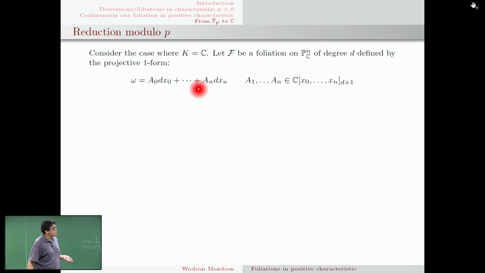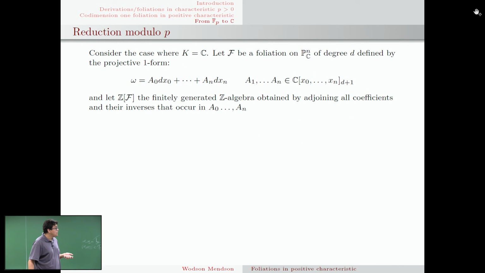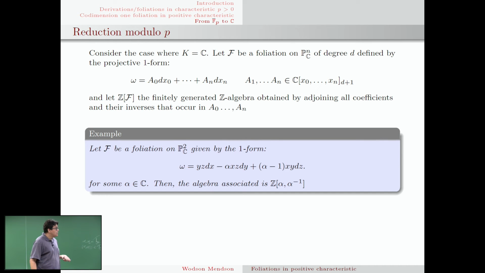Elements of this polynomial ring. So I take a finitely generated Z-algebra, that we get by putting in all the coefficients and the inverses which appear in the coefficients of A0 to An. Here we have an example. We take a foliation on P2 given by the simplest case, for some element of the field. Then the associated algebra is just this.